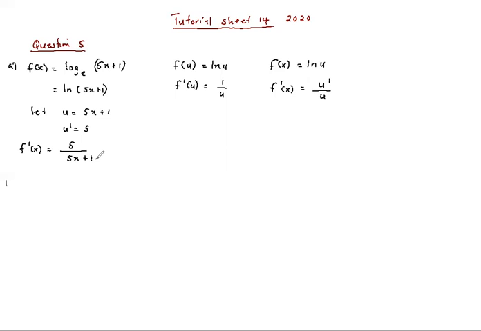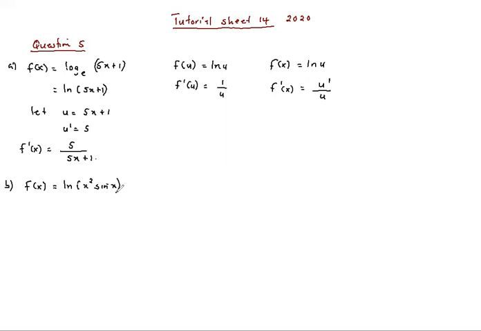And then b, we have f of x is equal to ln of x squared sine x. So nothing has changed.